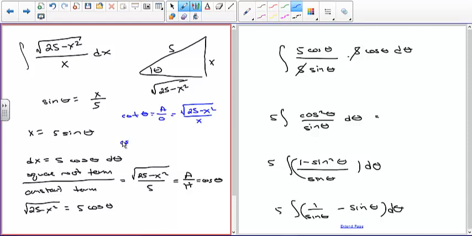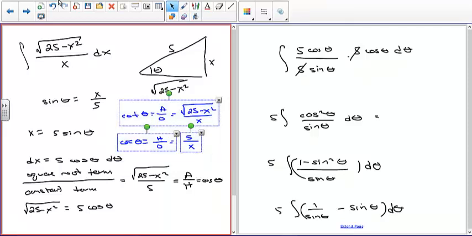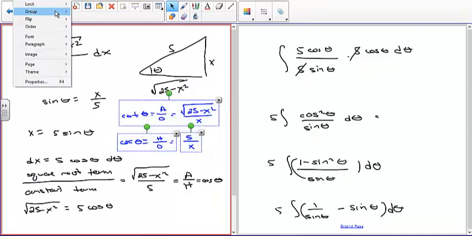The cosecant is equal to the hypotenuse over the opposite, because the sine is the opposite over the hypotenuse. So those are the additional substitutions that I need to come up with based on my original triangle. So let me just drag those over here.